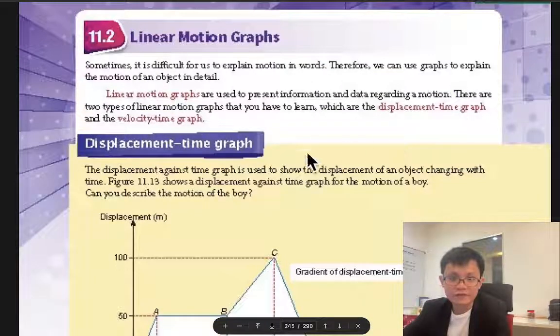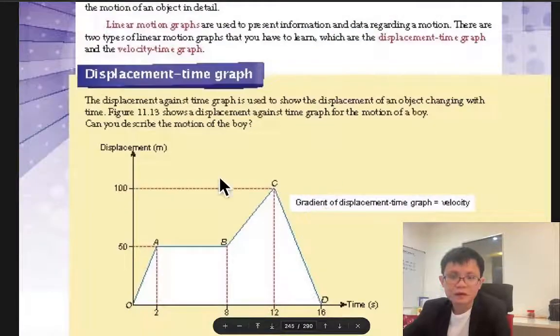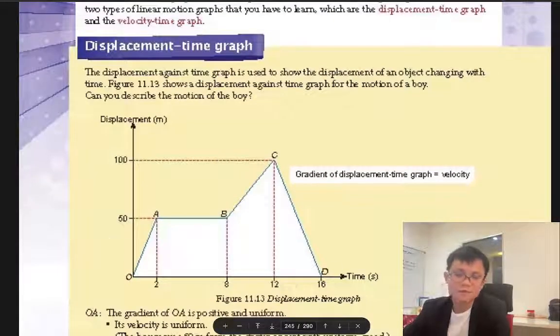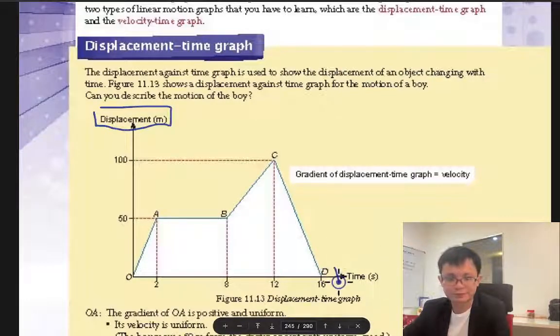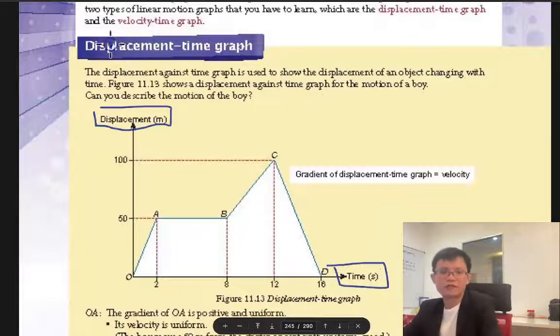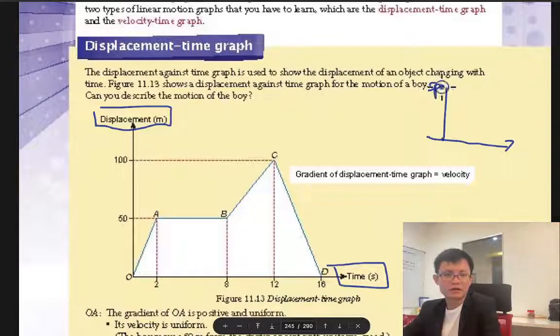Displacement time graph is the changing of displacement over time. This is the graph. The first thing to do is to look at this unit: displacement over time, not to be confused with speed over time.